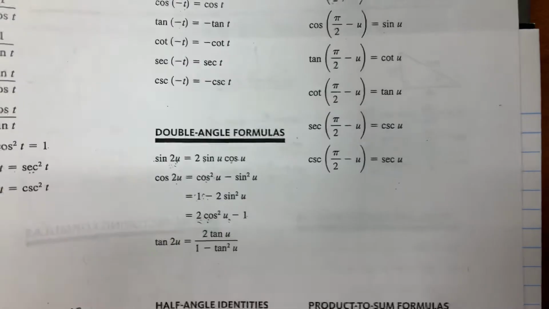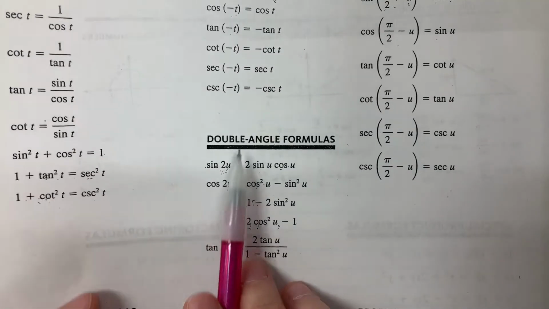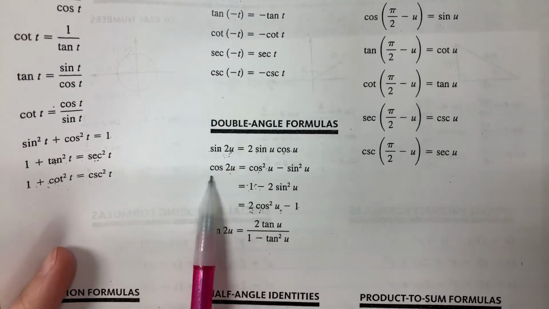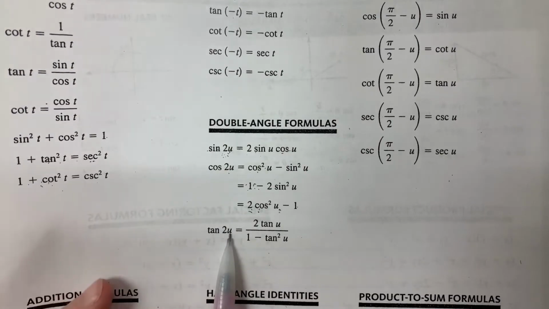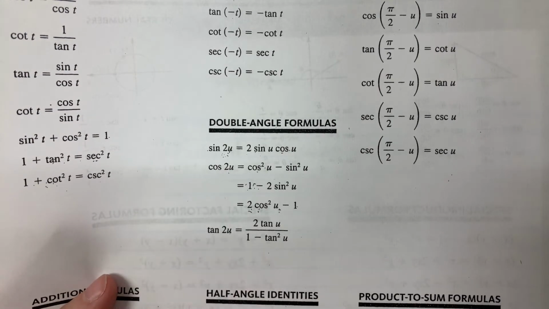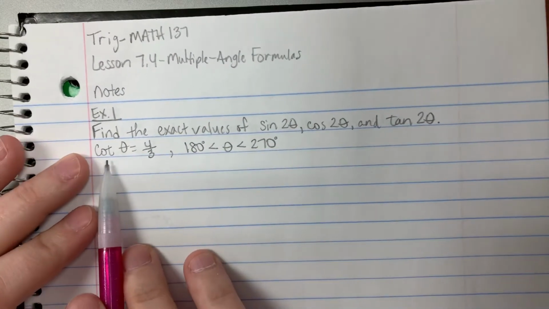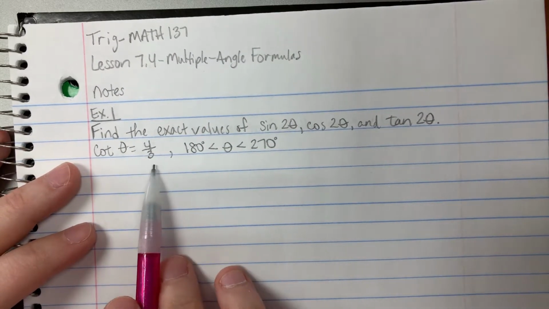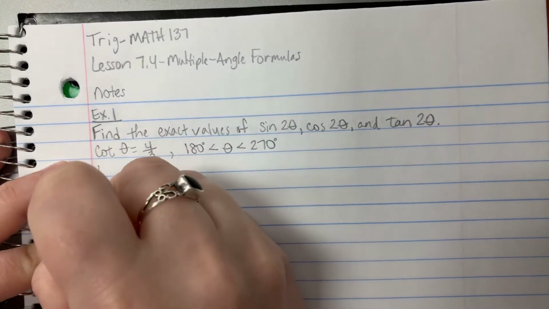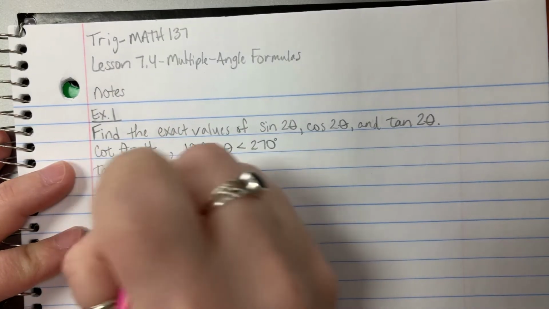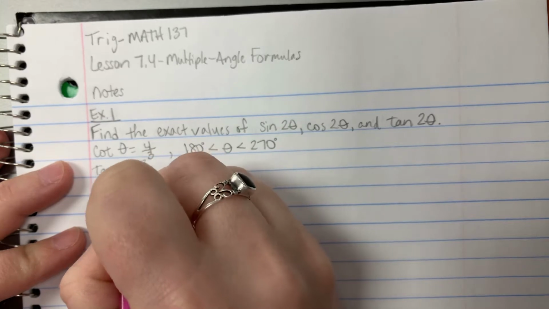So what I'm going to be looking at is those double angle formulas, sine of 2u, cosine of 2u, and tangent of 2u. In this case, theta is my variable instead of u. Okay, so let's start out with what they gave me. They told me that the cotangent of theta is 4/3, which I'm going to take to mean that tangent is 3/4.